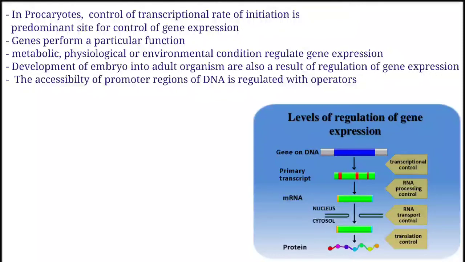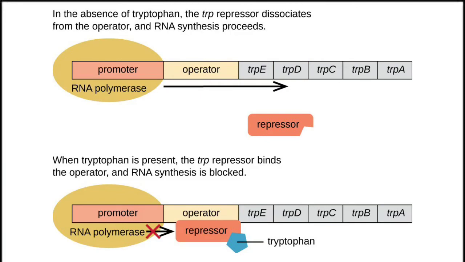The operator region is adjacent to the promoter elements in most operons. In most cases, the operator sequences bind a repressor protein. Each operon has its specific operator and a specific repressor. For example, the lac operator is present only in the lac operon and it interacts with the lac repressor only.